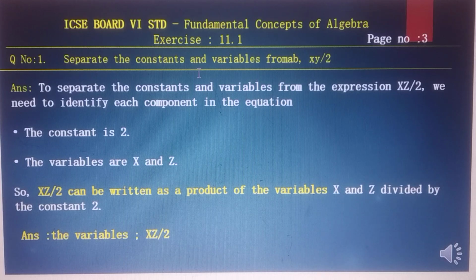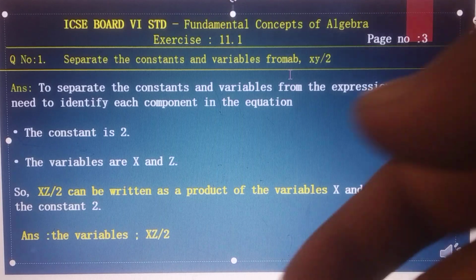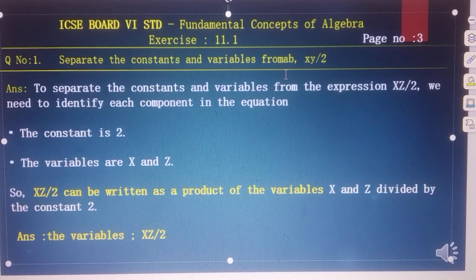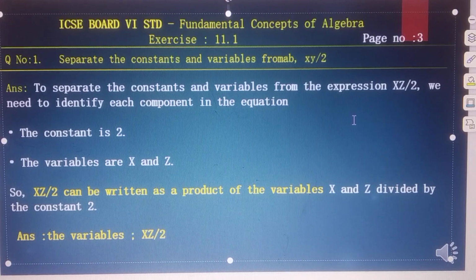To separate the constant and variable from xz upon 2, we need to identify each component in the expression.